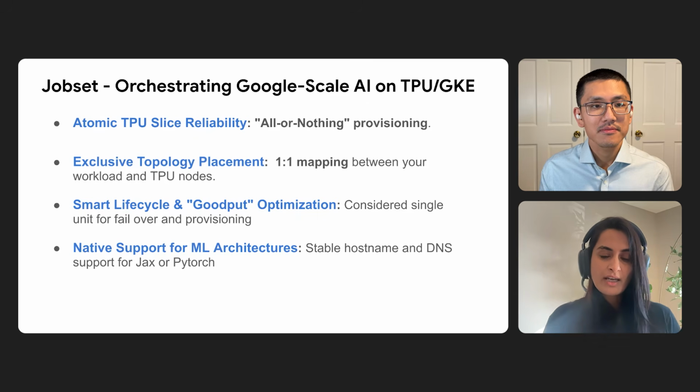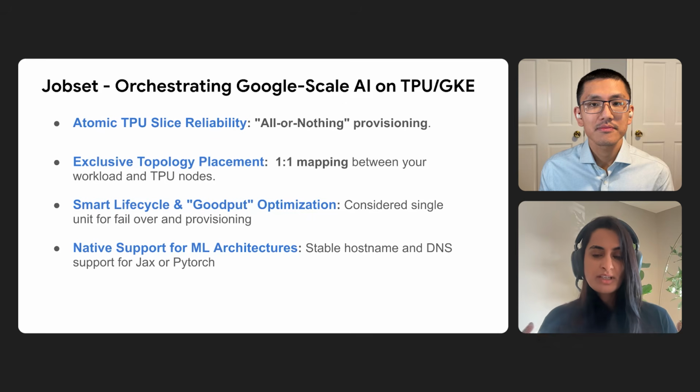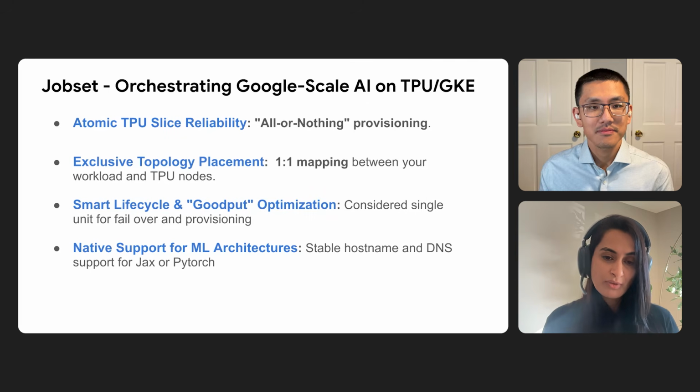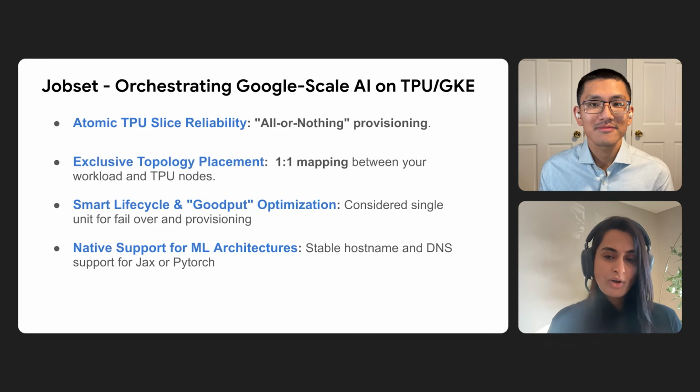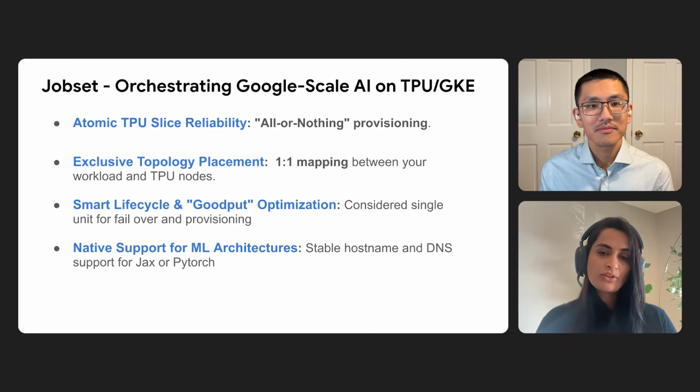So that ensures connectivity, atomicity, uptime, and maximizes goodput by reducing the recovery time between failures, and then native support for the ML platform by providing the DNS networking and all the injection of TPU environments into your JobSet. All of that's been taken care of. So it's just this one orchestration for your large-scale AI training or even your small-scale training as well.